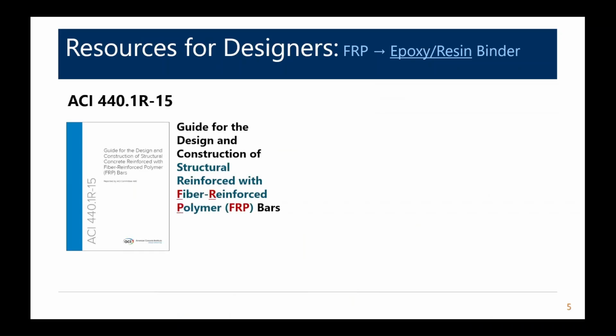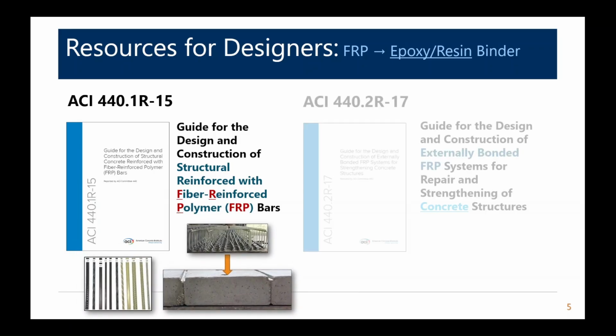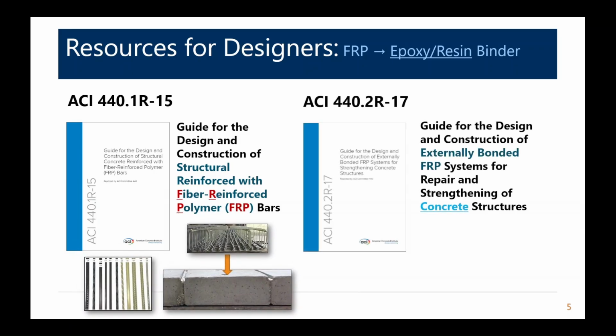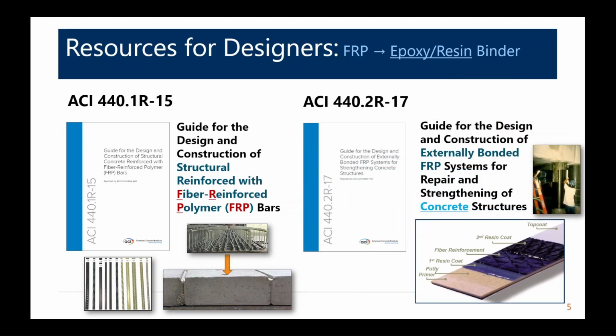I like to cover, in the upper right-hand corner here, the guides and standards. This doesn't get into the GFRP code, but for FRP systems for internal concrete, we've got the 441R. For external systems, the 442R. And as I said, we've got some new codes being developed that are available now.